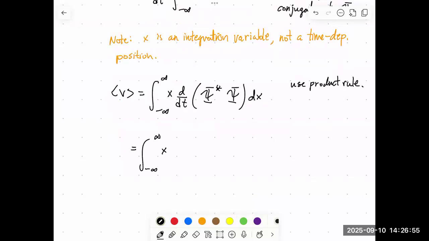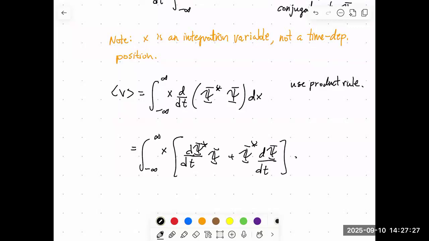First, we'll take the derivative of the first factor, the conjugate of the wave function. So it's d psi star dt, and then it has to multiply psi. And then we're going to go plus psi star, and now we act on the second factor with our derivative, so it's d psi dt. And then we're going to integrate with respect to x.